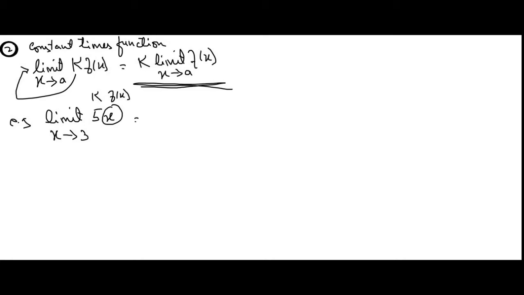So first of all we can write 5 limit x approaches to 3 of x. Now we are going to apply the limit simply, which is 5 times 3, and when 5 is multiplied by 3 it is 15, which is the answer.